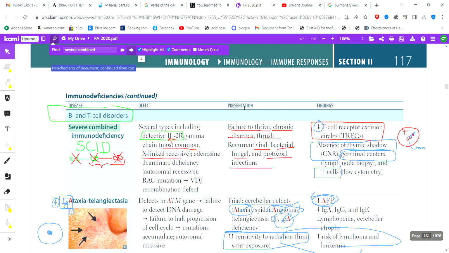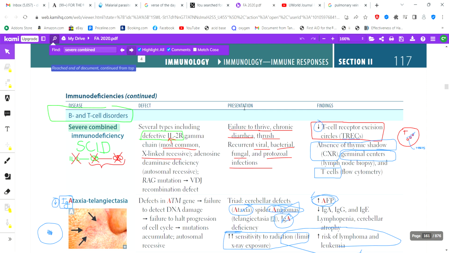This is X-linked recessive. Then there's SCID due to adenosine deaminase deficiency. That is autosomal recessive. It's also due to RAG mutation, which causes VDJ recombination defect. Presentation is a failure to thrive, chronic diarrhea, thrush, recurrent viral, bacterial, fungal, and protozoal infections.